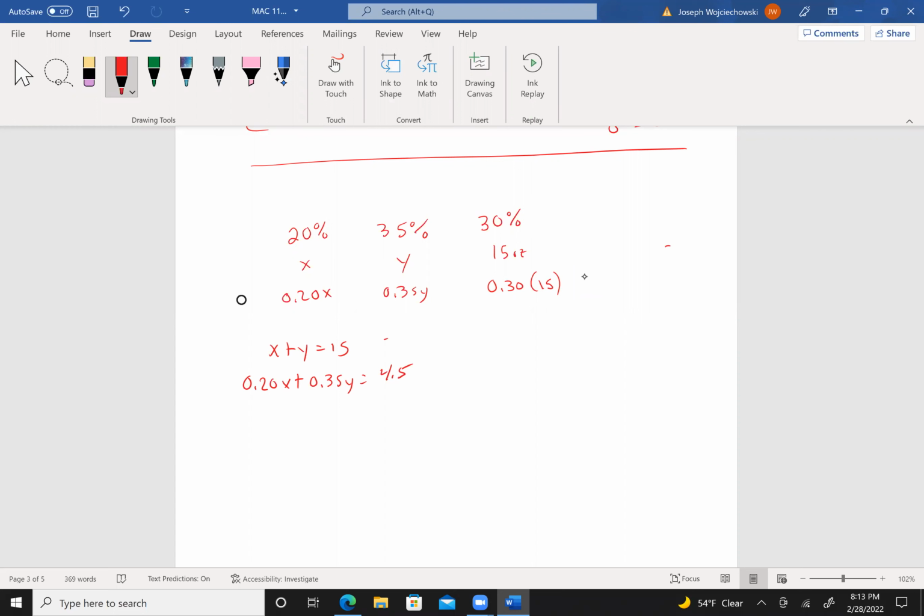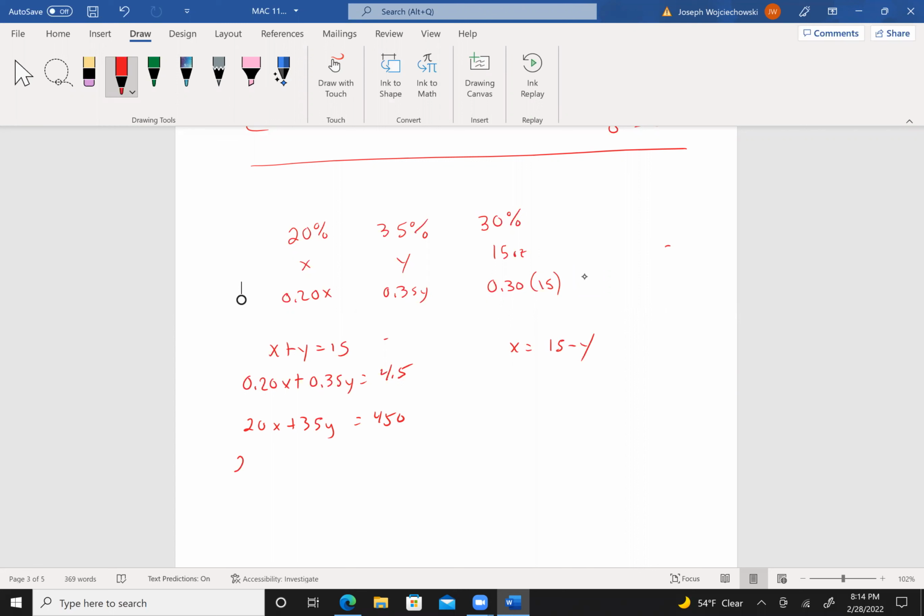Okay. So now we can go through here and do the same thing we did before. Actually, let's go ahead and do that and get 20x plus 35y equals 450. Then I can solve for x. x equals 15 minus y.